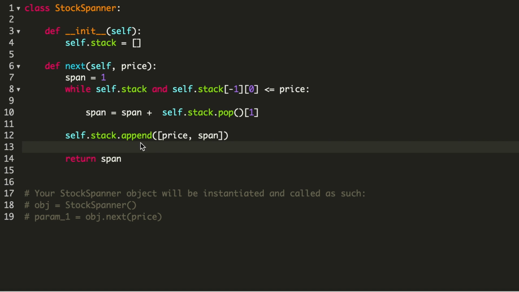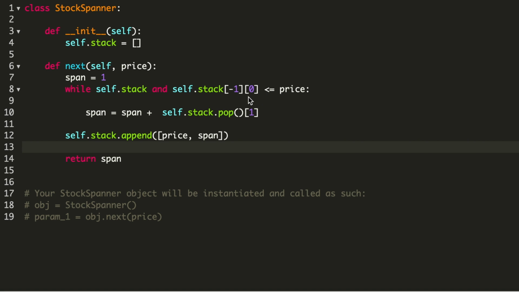Else, we are simply going to append the value of the price and the spend, and this spend is equal to 1. We will use this spend only when we are satisfying this condition. That means whenever the price of the previous day is less than or equal to today's price, then we are going to update our spend, which will be equal to the spend plus the spend value of the previous day price.